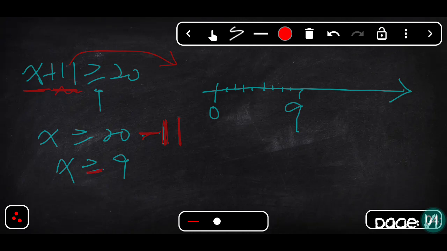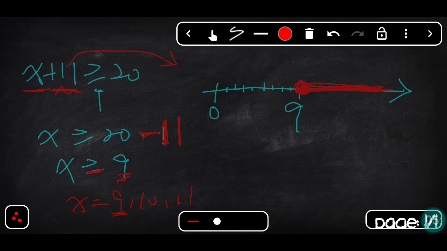So we can say 9 is included. x can be 9, can be 10, can be 11. Okay, so it's included. Suppose it's included, we should draw a solid endpoint. Okay, solid endpoint. And that can be 9, 10, 11, can be any number right here, here, here, here, or here. So we should draw a line on the right hand side of the endpoint.